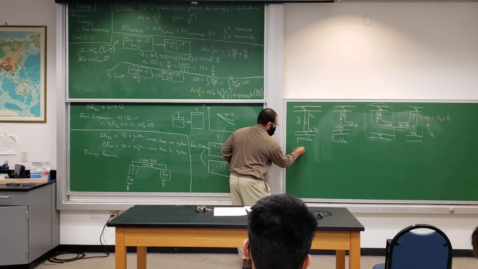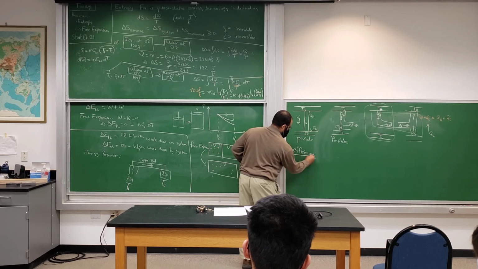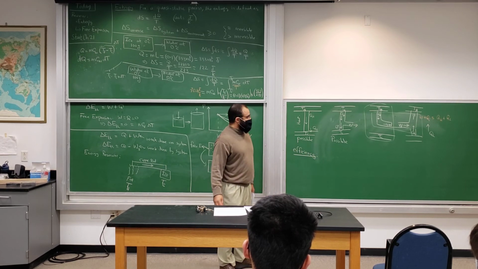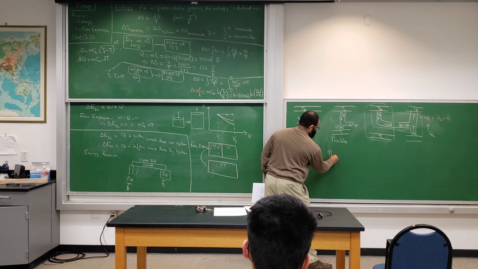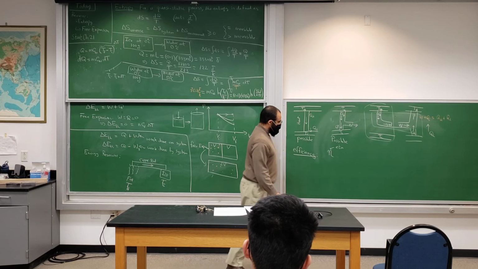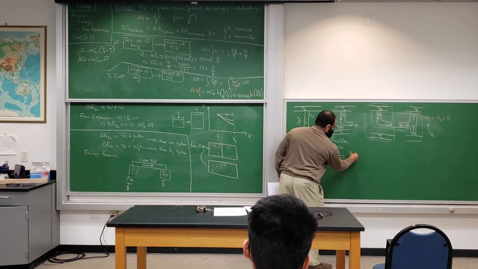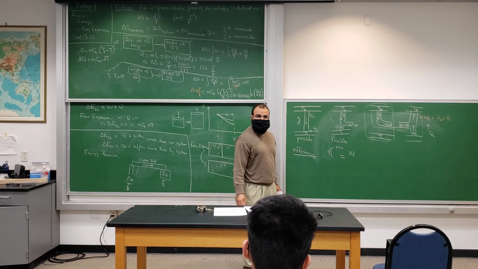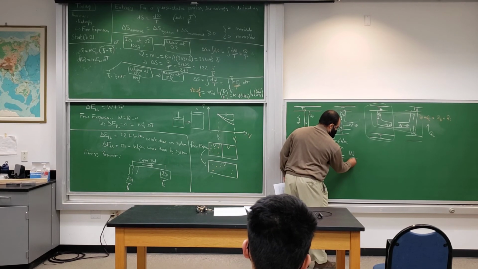So the efficiency of a heat engine looks like this. It is given the name eta, a Greek letter. It is the amount of work that you get out of the engine versus the amount of heat that was burned to give you this work.